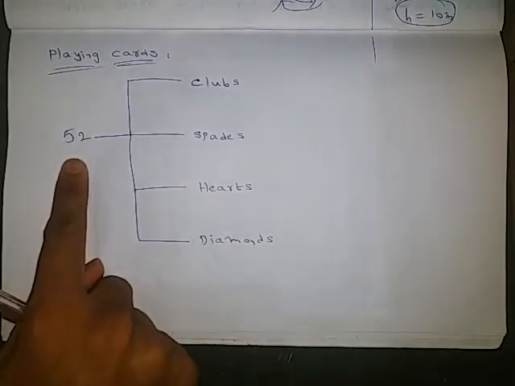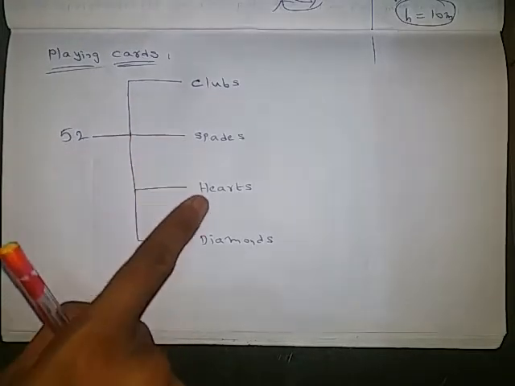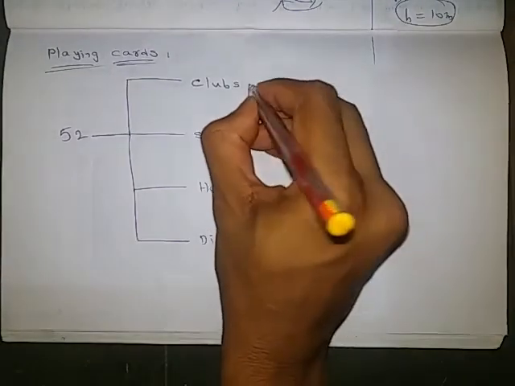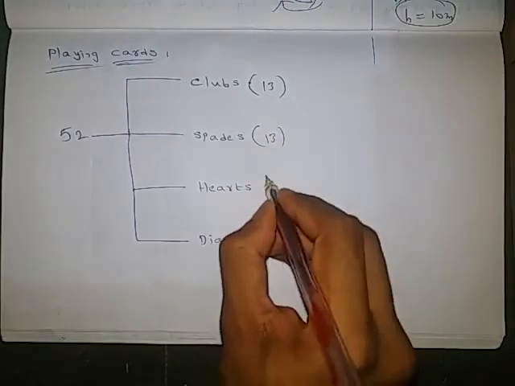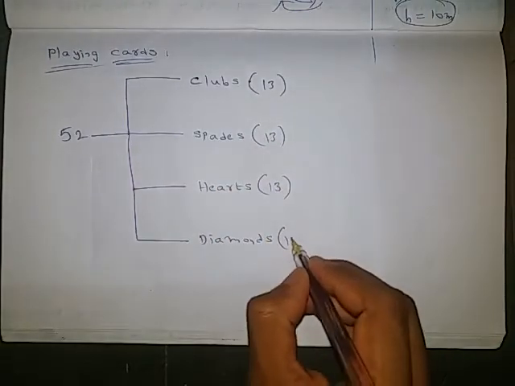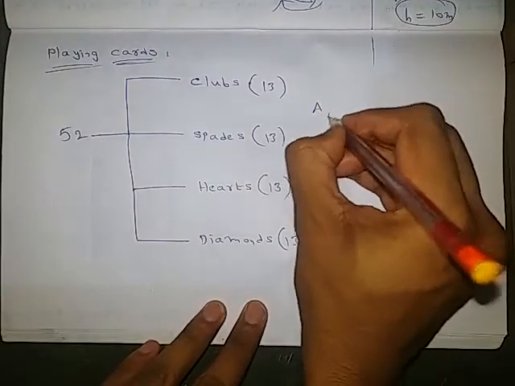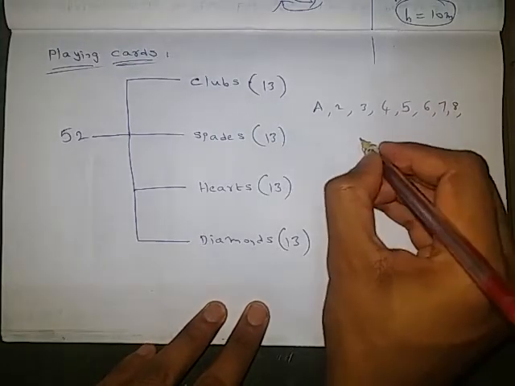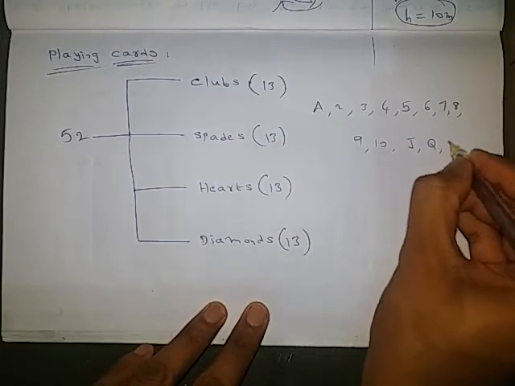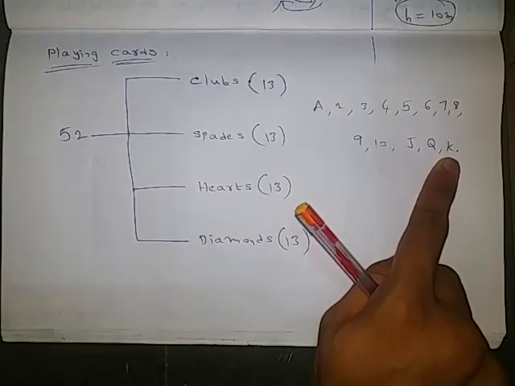Each set consists of 13 cards. Every set consists of A, 2, 3, 4, 5, 6, 7, 8, 9, 10, J, Q, K.